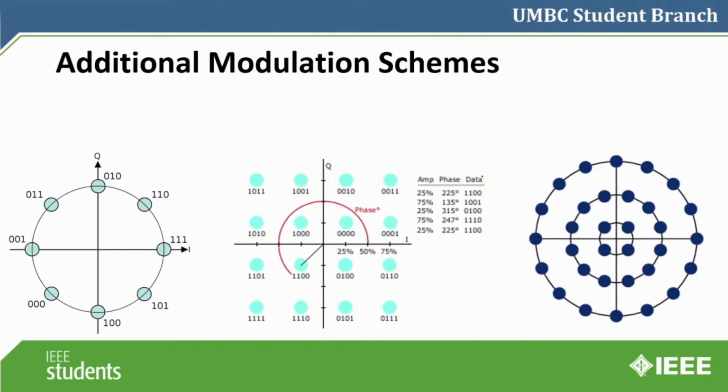So there are a bunch of different ways to do modulation. This is 8 PSK. Before we were looking at QPSK. This is 8 PSK, which essentially says that you now have 8 points. And since you have 8, you have 2 to the third options, which means you can do 3 bits.